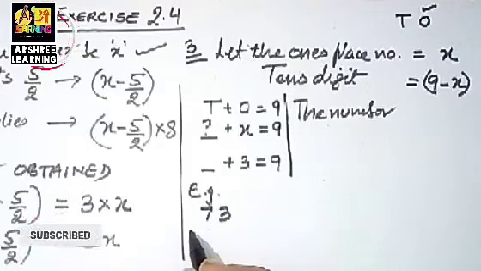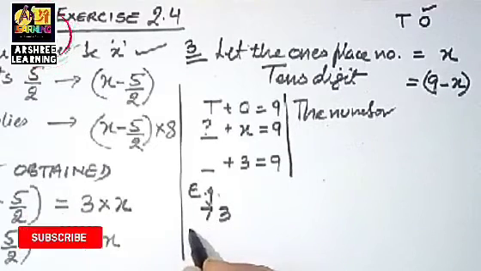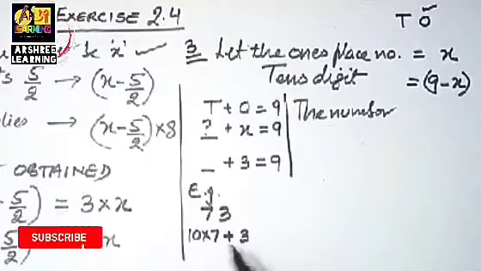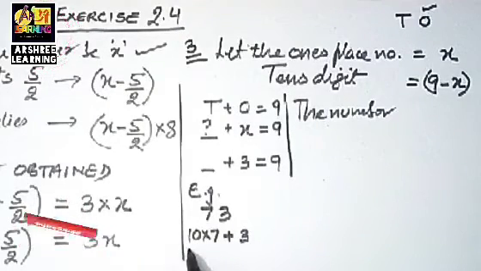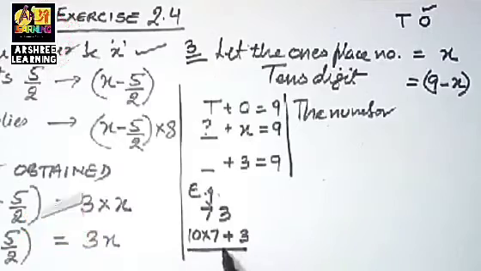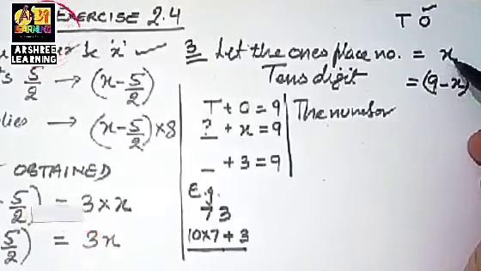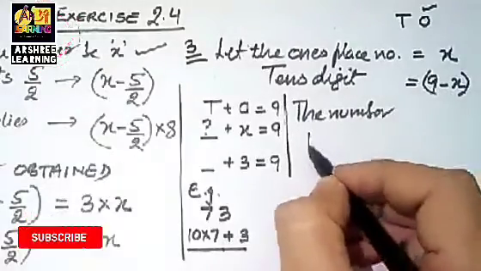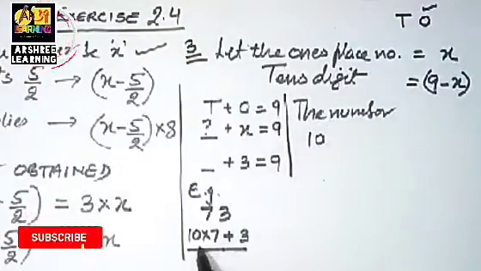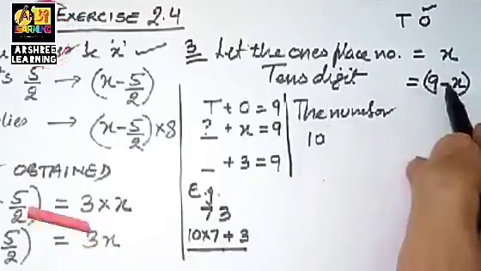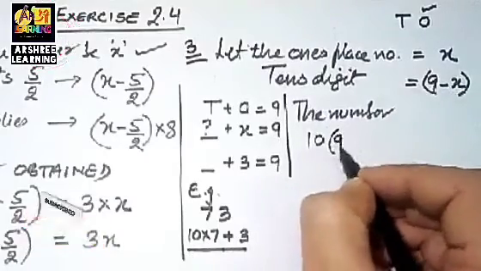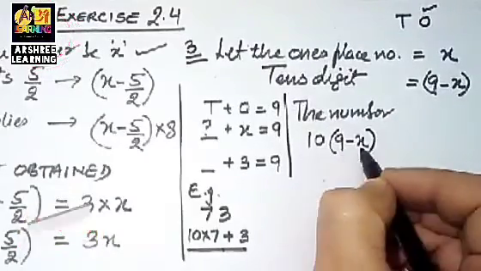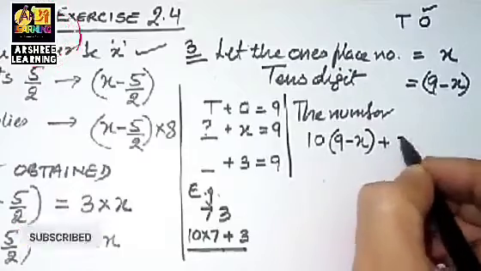You will write 10 into 7 plus 3. You have done this in junior class as expanded notation. This rule we will apply in this question also. The number at the tens place will be multiplied by 10, like I have multiplied 7 with 10 and added 3. So you will multiply the tens number, that is 9 minus x, with 10 and add x.